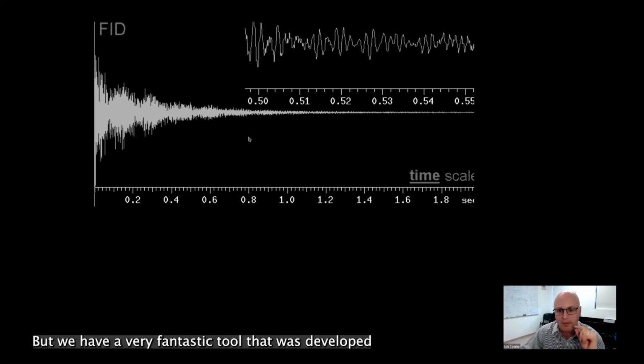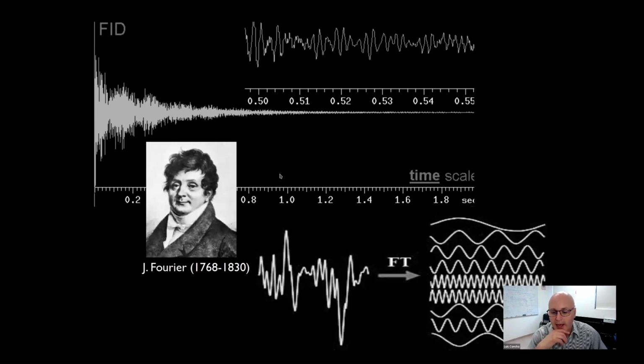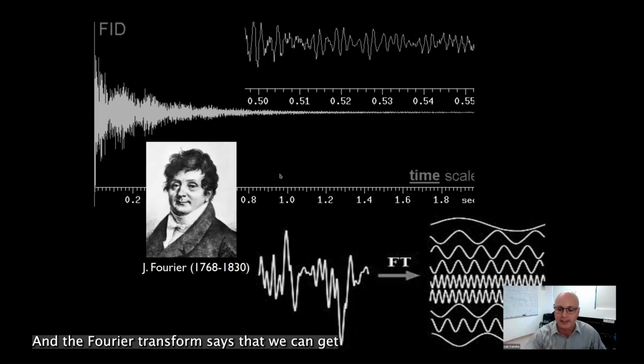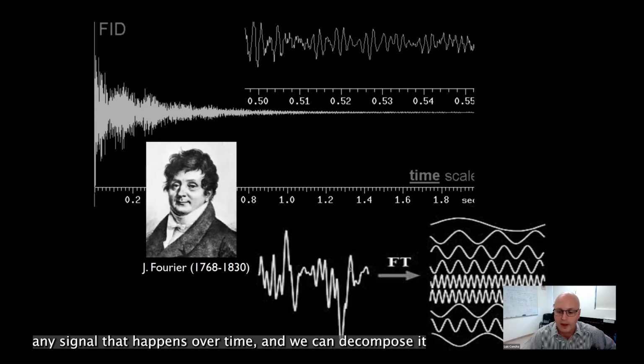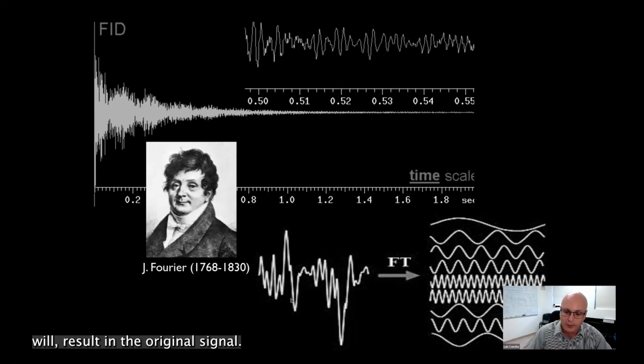But we have a fantastic tool that was developed a very long time ago by Joseph Fourier. This is the Fourier transform. The Fourier transform says that we can take any signal that happens over time and decompose it into very simple periodic signals that, when added all up, will result in the original signal. So this is like a chord on the piano, right?